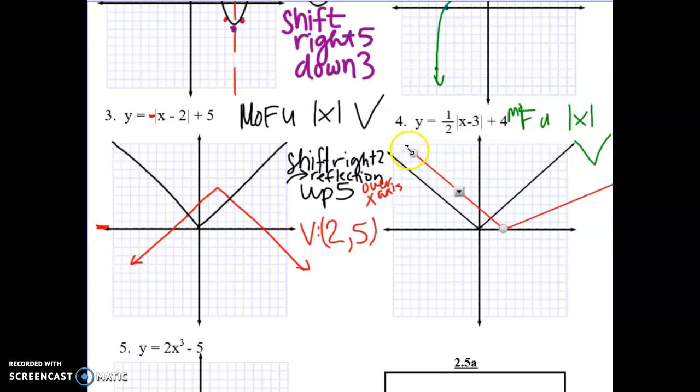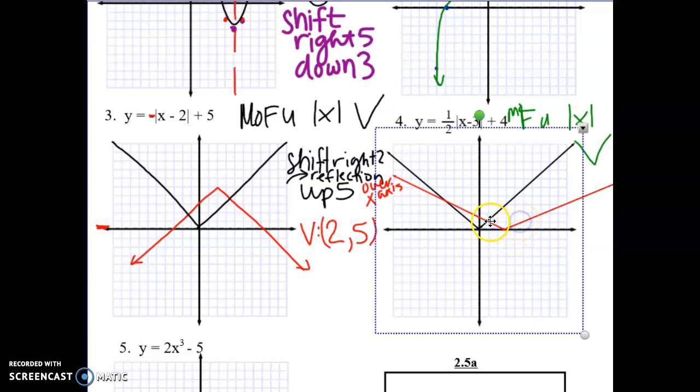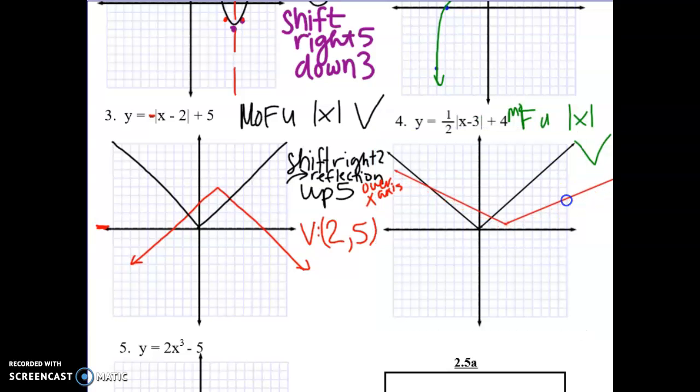Then I grab this side, up 1 over 2. So that was actually a vertical compression. Now, from there, everything is going to shift up 4. So when I shift it up 4, 1, 2, 3, 4, there is where my final thing ends up.